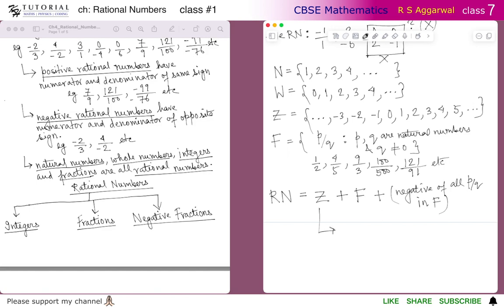Now, of course, the integers include the whole numbers plus the negatives of all natural numbers.